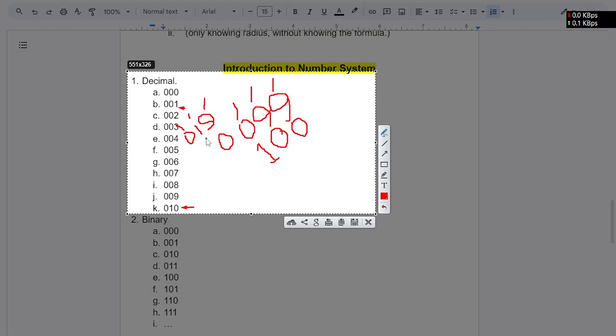So we can add 1 with this 1, it will be 2. So we have added 1 and this 0 will be unchanged. So in this way we can get 20 after 19 in the decimal number system.